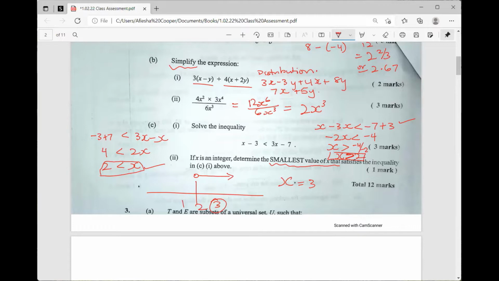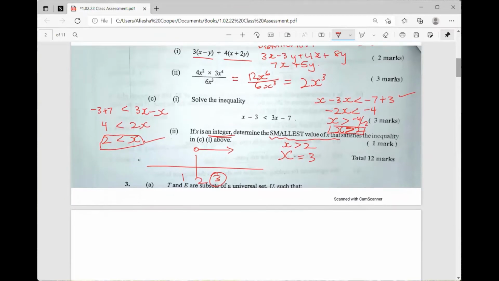Like, what number is the smallest number that can fit into my inequality? And my inequality is x is greater than 2. So what's the smallest number that's greater than 2? That will, of course, be 3, right? And it's an integer they ask us for, so we have to use an integer value, which is positive 3.